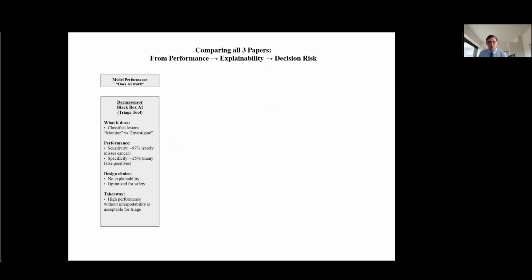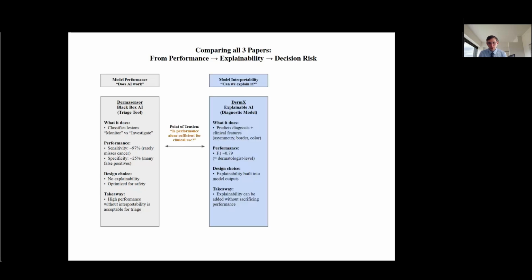And that kind of leads us to our concluding slide, which is really just putting all three of these papers into context. Starting from the very beginning, which is DermaSensor. And this is really the classic black box model. It's really focusing on high performance without any interpretability, and it is totally acceptable to use as a triage tool.